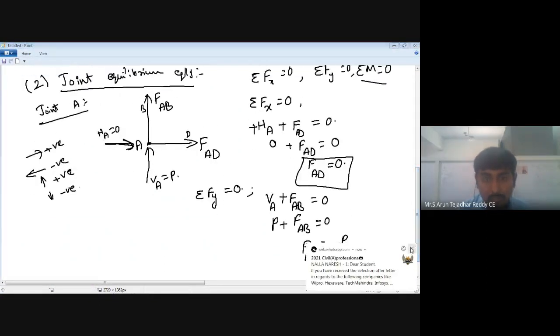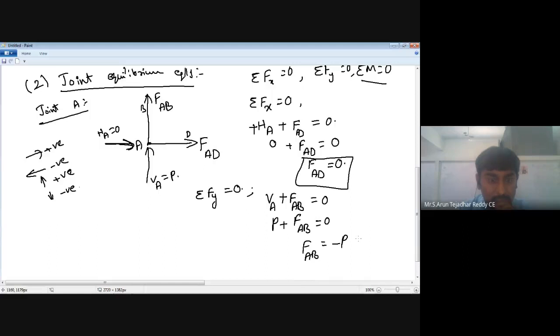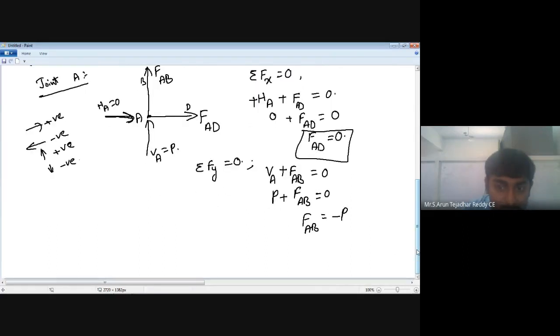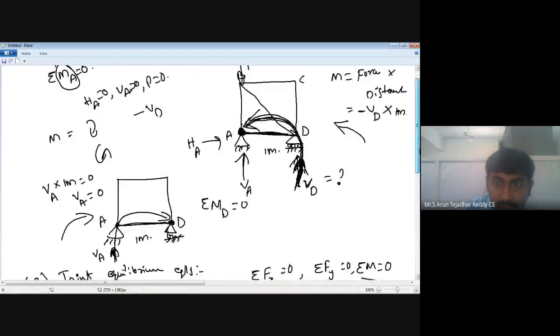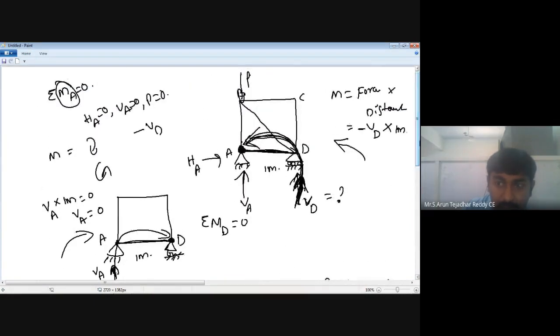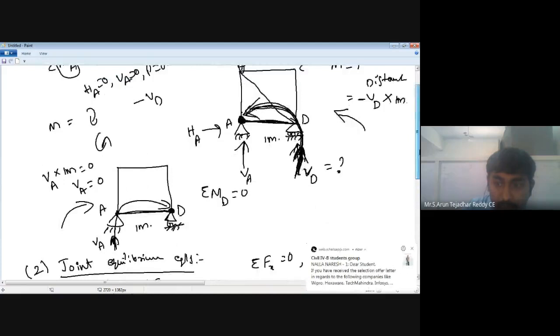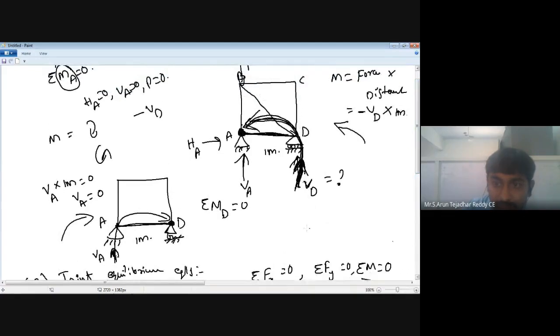Now, Ganesh, totally how many forces are completed till now? That is, 4 forces are completed. C to B obviously 0, C to D is 0. Already 2 forces completed.